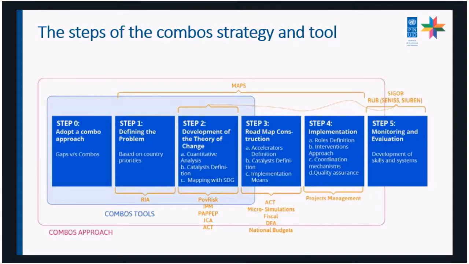And then finally, we invite you to take a look at the kinds of things that the UN system does on the SDG agenda. You can see there's a lot of these on this graph. The MAPS approach is the umbrella approach: mainstreaming, acceleration, and policy support. We think that the combo approach is our contribution to the acceleration agenda.